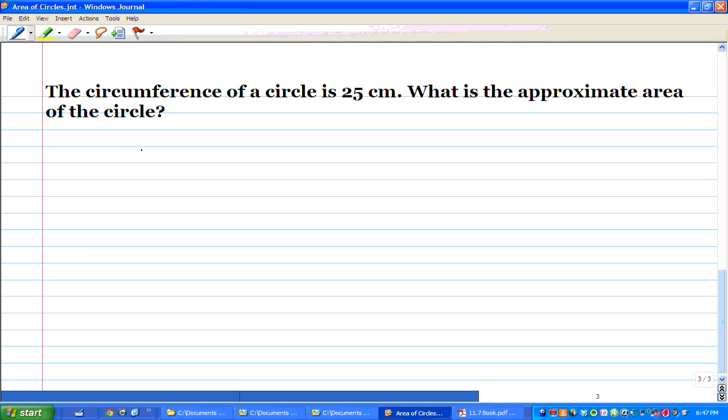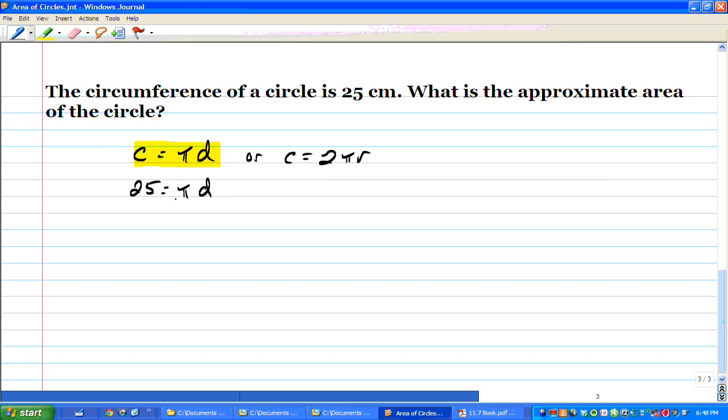Well, remember for circumference, you could use pi times diameter, or you could use circumference is equal to 2 pi r. What I'm going to do is take this first formula right here, and solve for the diameter. So circumference, which was given to us, 25 centimeters, is equal to pi times the diameter.